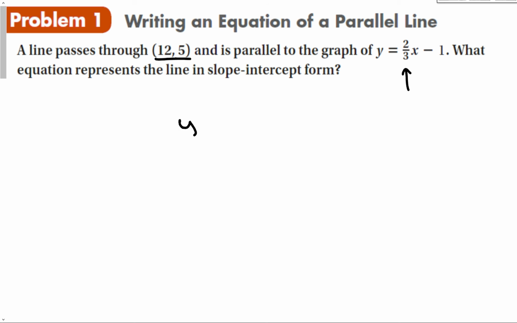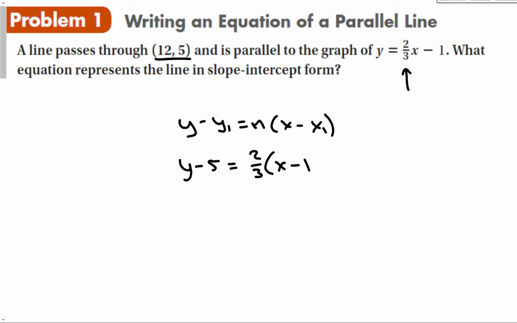So I'm going to use point-slope form, y minus y1 equals m times x minus x1. Okay? Using this form, I can plug in the numbers. y minus 5 is equal to the slope 2/3 times x minus 12.